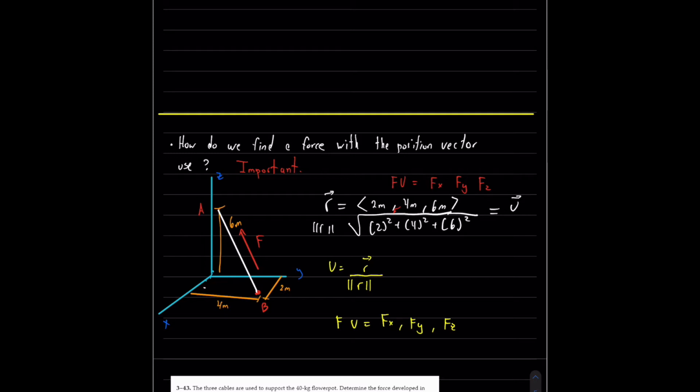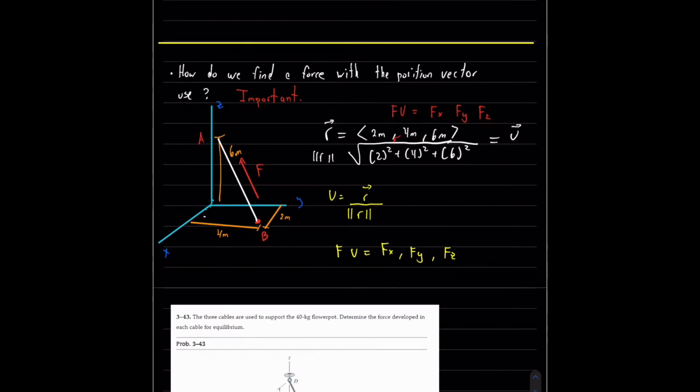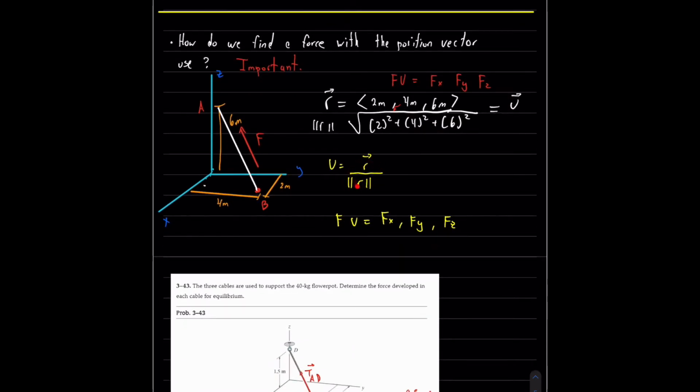As you can see, I have my components 2 meters in the x direction, 4 meters in the y direction, and 6 meters in the z direction. Here, all that is over the distance here. Now, once you have the distance, you will use this formula to find the unit vector. What this unit vector does, it gives us a direction. I'm going to write that down. It gives us the direction.